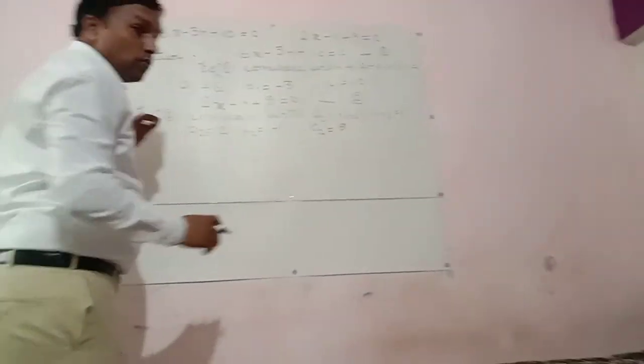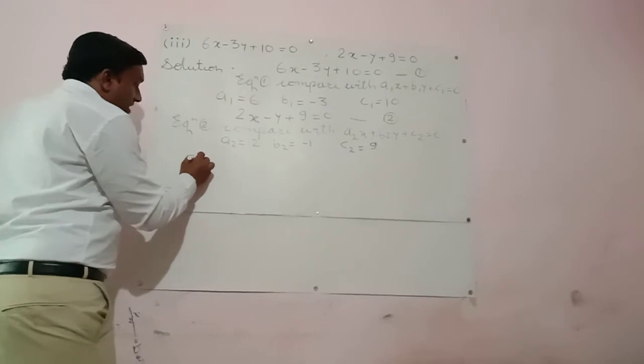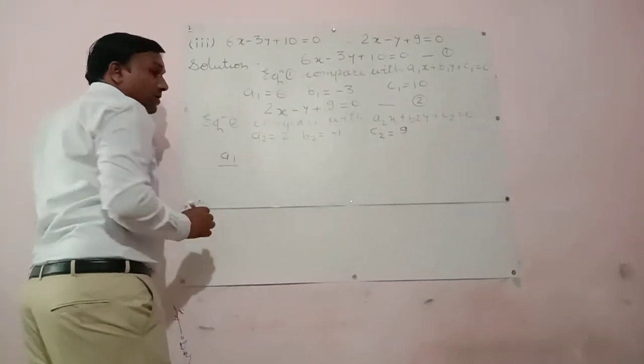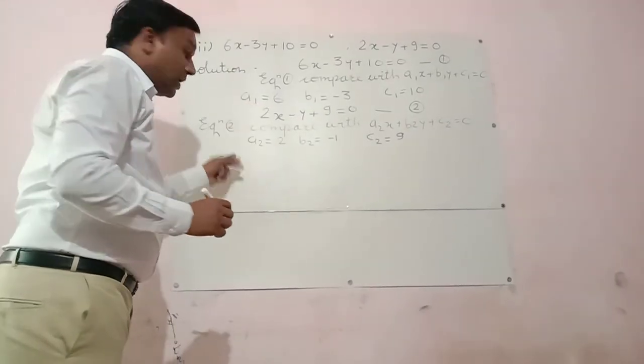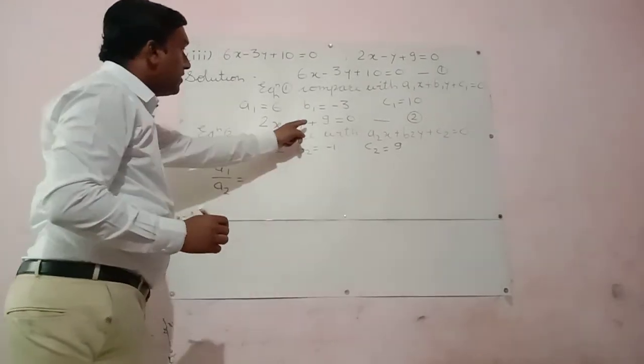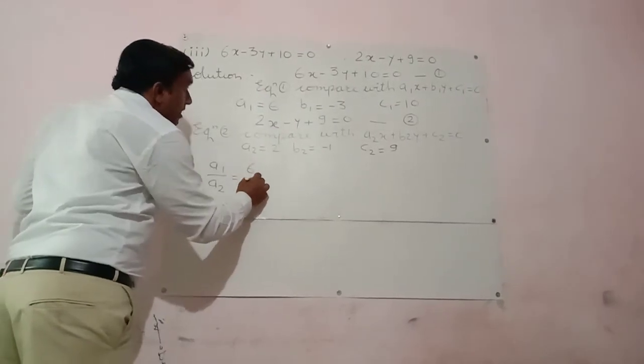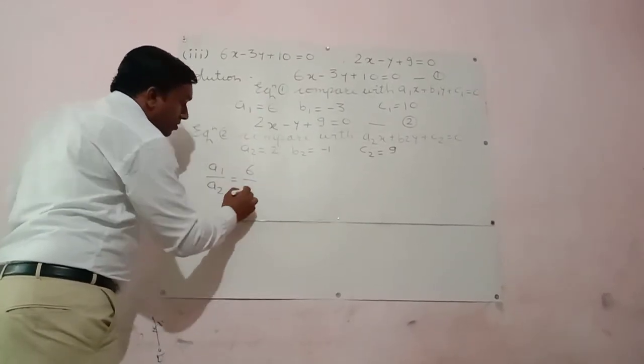Next we have to compare the ratios. So we first see the ratio a1 upon a2. So here a1 is 6, a2 equal to 2.